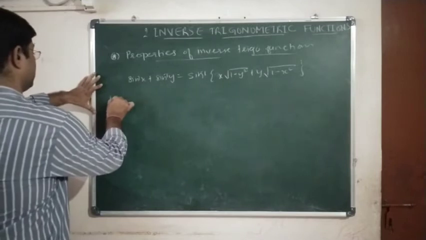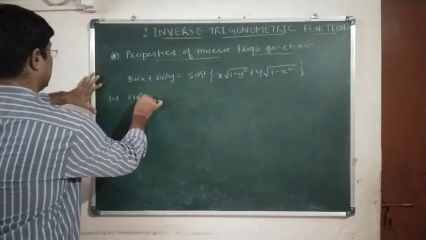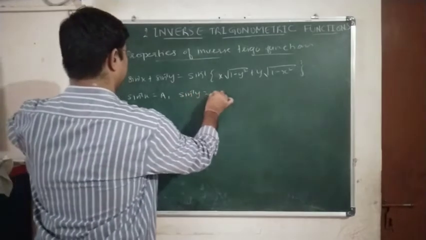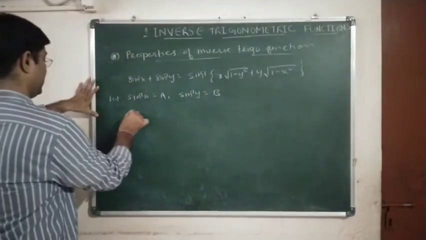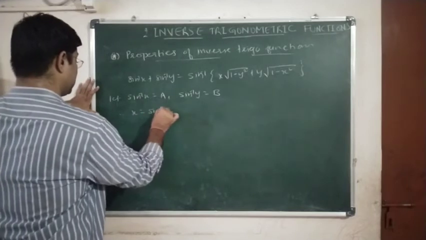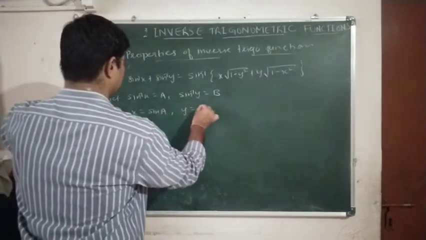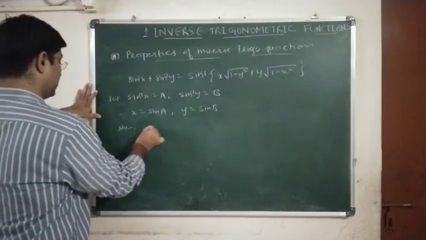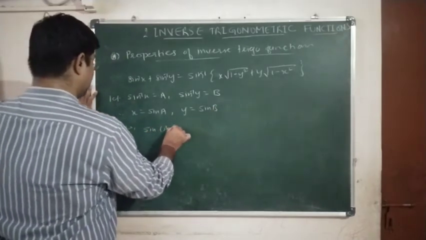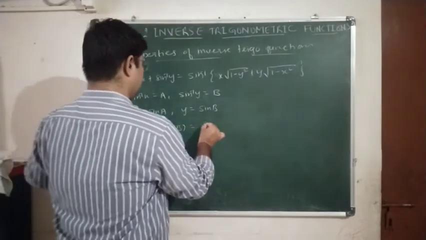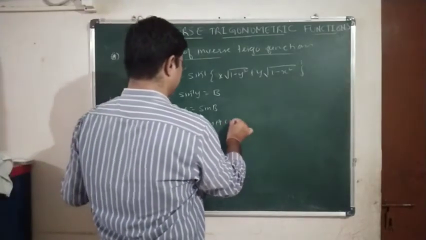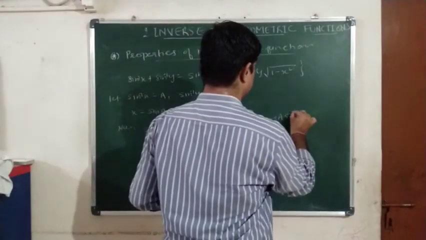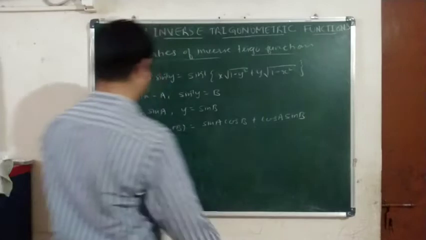Over here, let sin inverse x equal a and sin inverse y equal b, therefore x is equal to sin a and y is equal to sin b. Now we can put the formula sin(a plus b) is equal to sin a cos b plus cos a sin b.